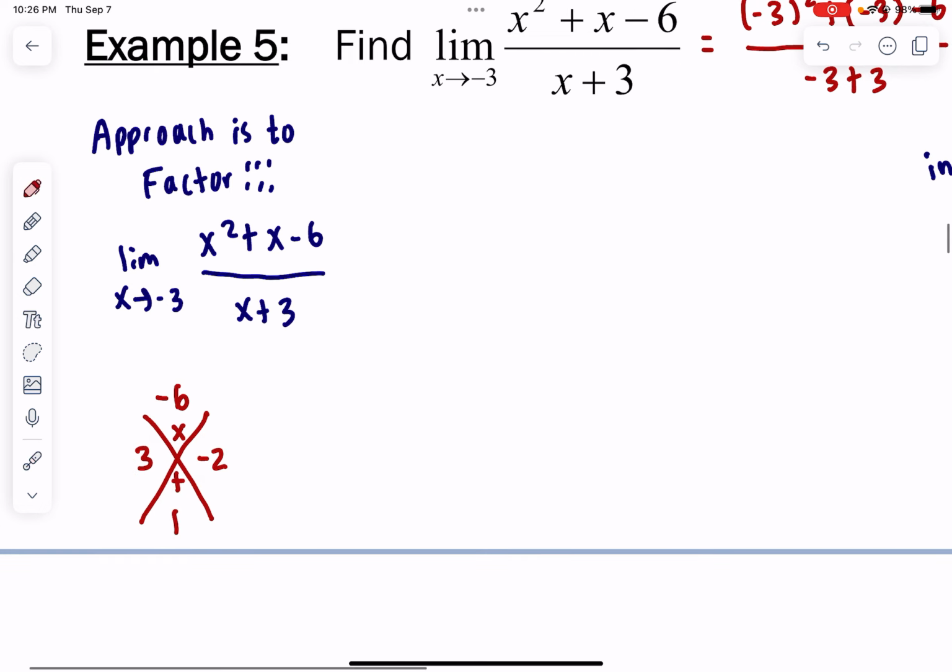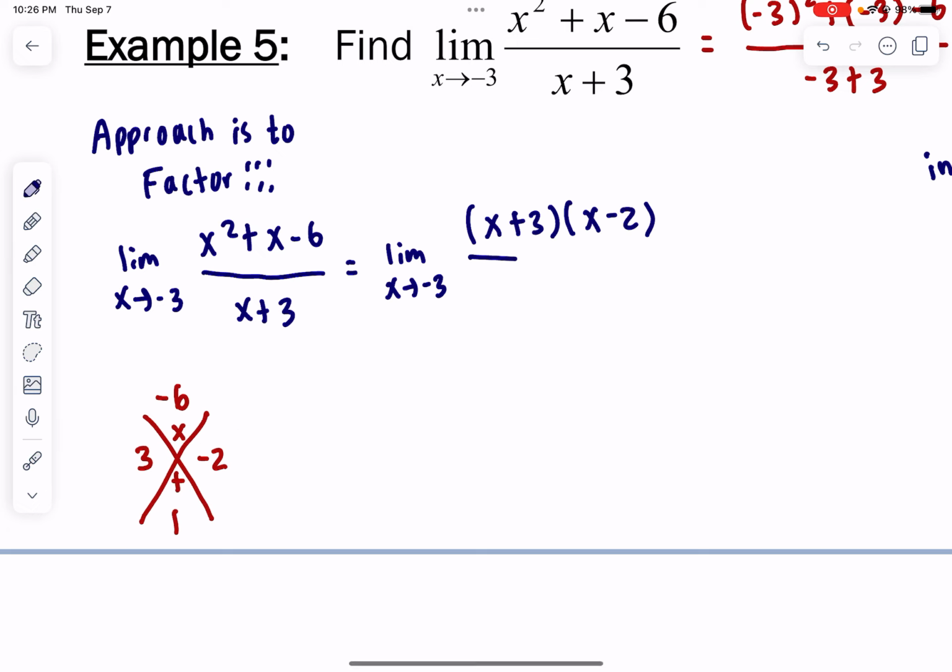So if we go back to our limit, we can simplify the numerator as this: x plus 3 times x minus 2, all over x plus 3.